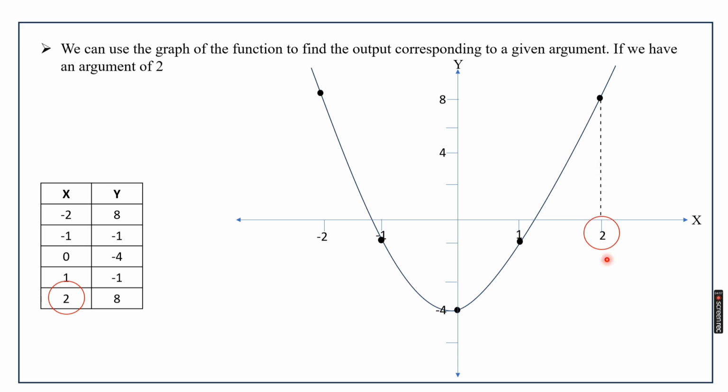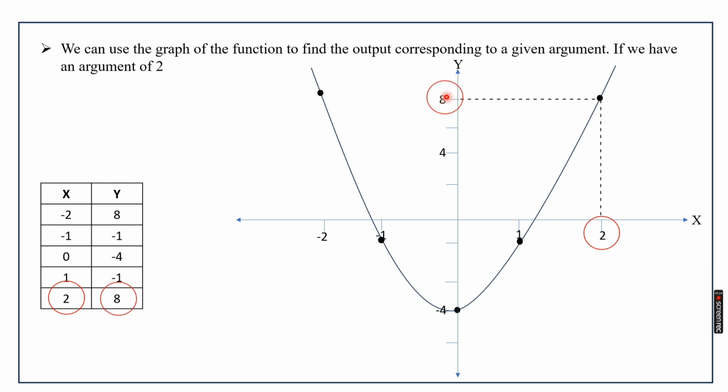We can draw a vertical line, and the point where the vertical line crosses the graph of the function gives the value of y. Then we draw across, and it is 8. We can easily detect it by using a ruler.